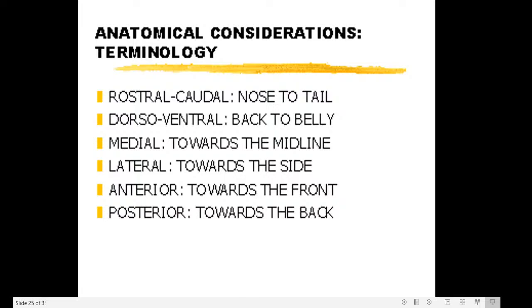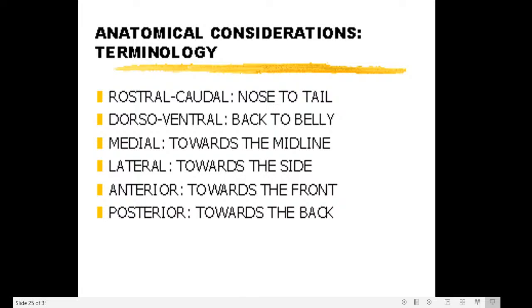Medial is towards the median, lateral is towards the side, anterior is towards the front, and posterior is towards the back. These are all the anatomical terminologies.